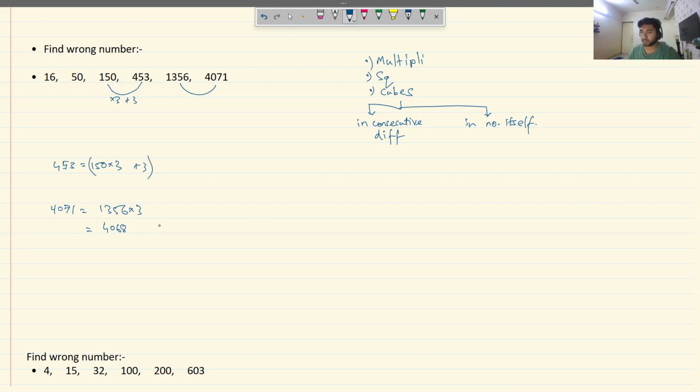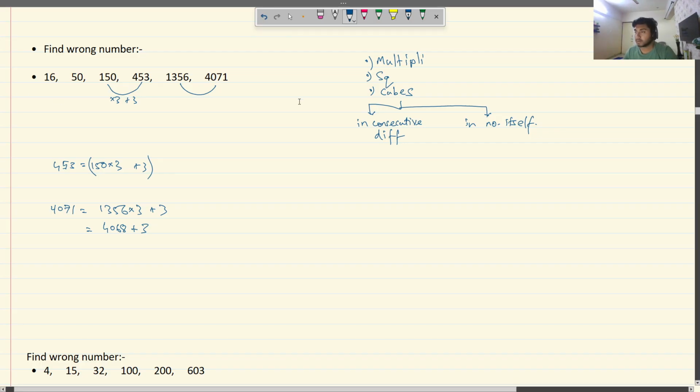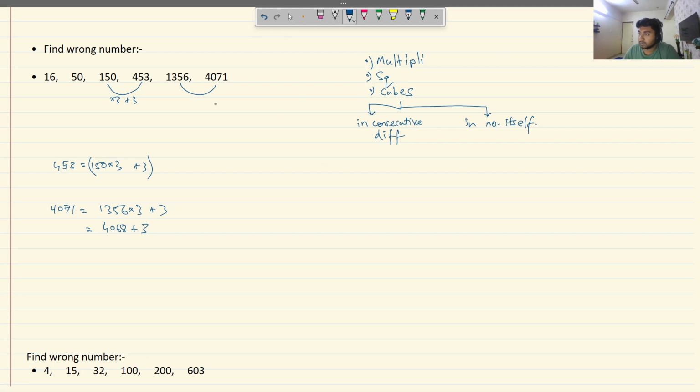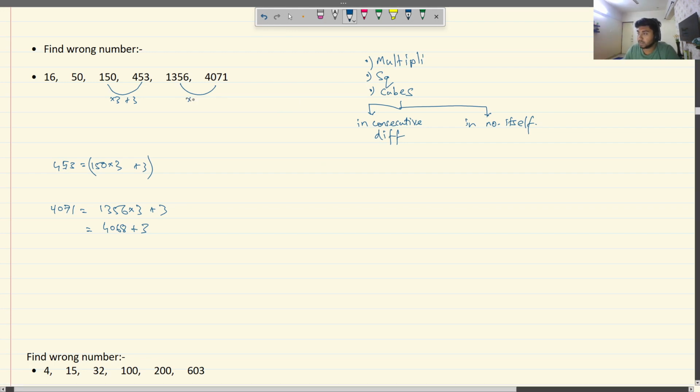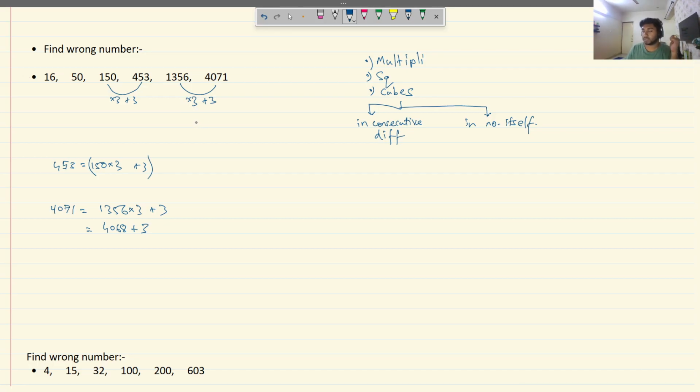This will be 4068 plus 3 will give me 4071. Okay, so makes sense. Okay, so this is also multiplied by 3, then addition of 3. 1356 into 3 plus 3 will give me 4071. Okay, this following a pattern.